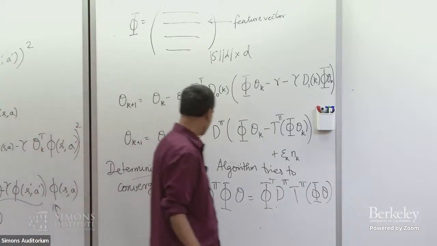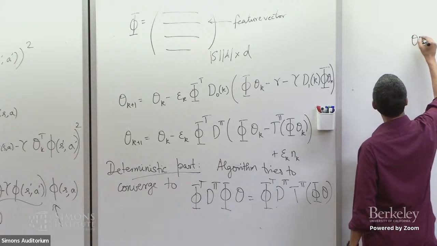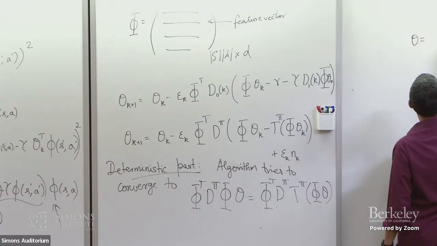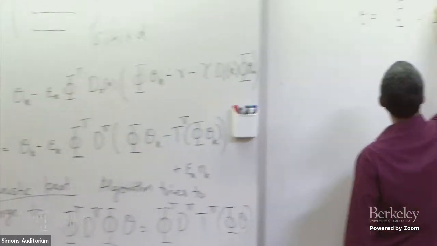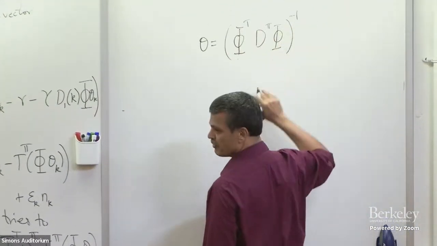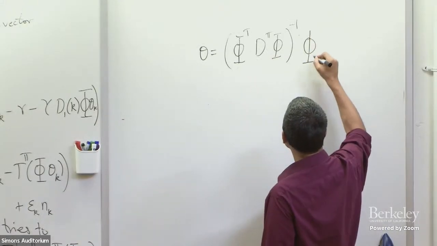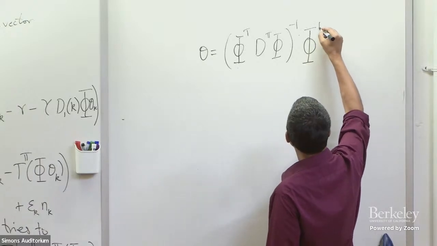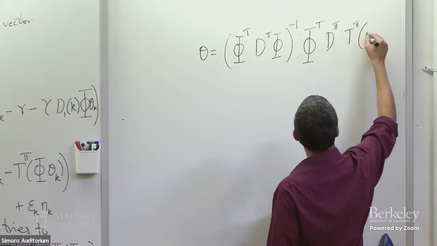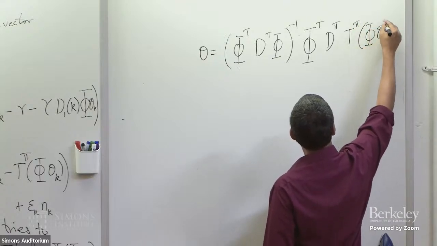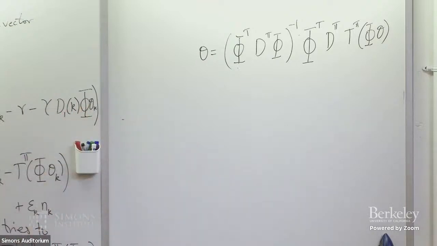Okay. So rewrite it slightly. This can be written as theta equals, assuming this matrix is invertible. If it is not invertible, then there are other tricks that one can play, but I'm going to assume it's invertible. Okay, I'm just writing in terms of this.